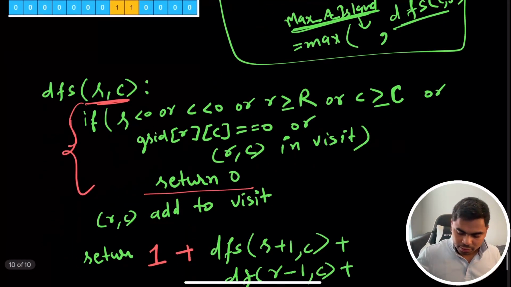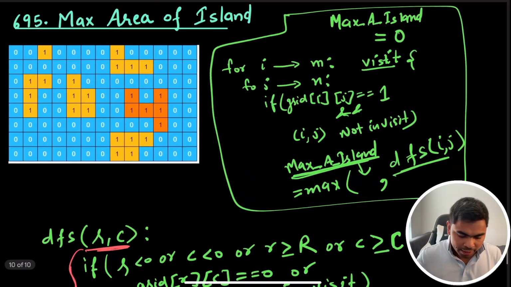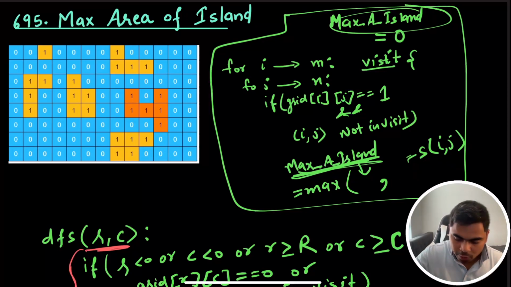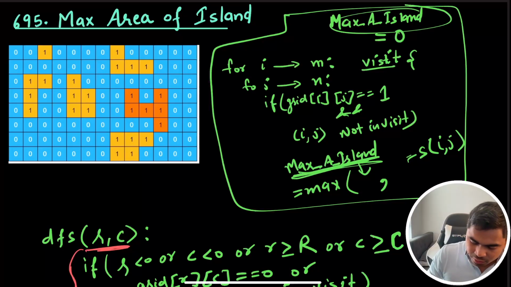This thing right here is the answer, and then I'll be finally returning the maximum area island, and that will get updated as these values are explored. So what these are doing is, these are not functions, this is calling the function. Whenever it visits this one, it's going to check its surrounding cells, because they all will be returning 0 to it, but this was 1, so it will return 1.